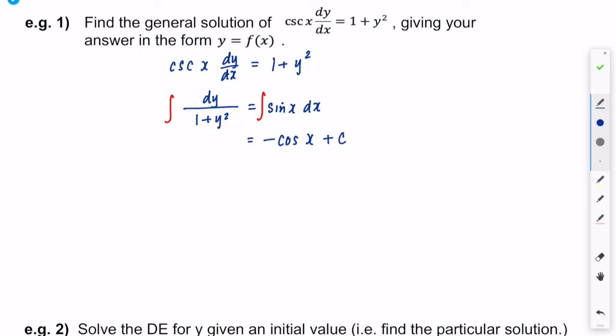Well, how about the left-hand side? Do you recognize this pattern? You have 1 over 1 plus y squared. Maybe your formula booklet will be useful.